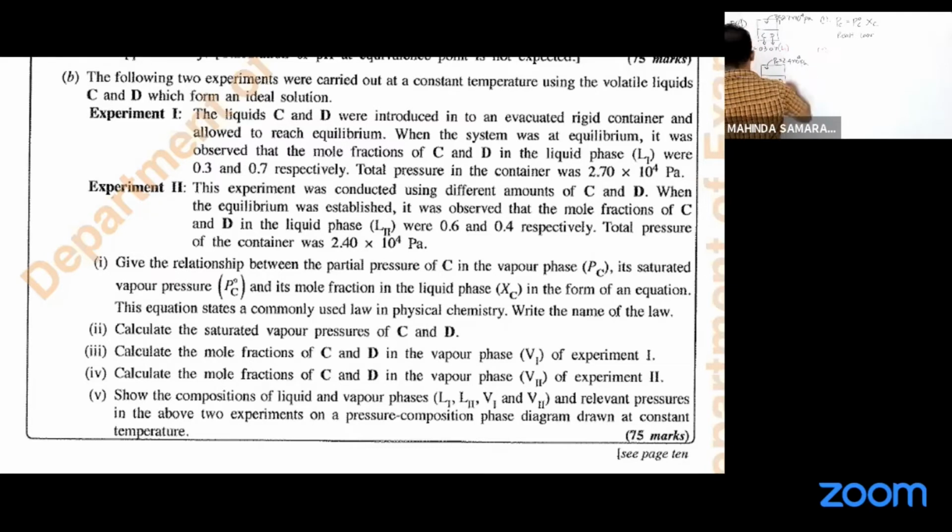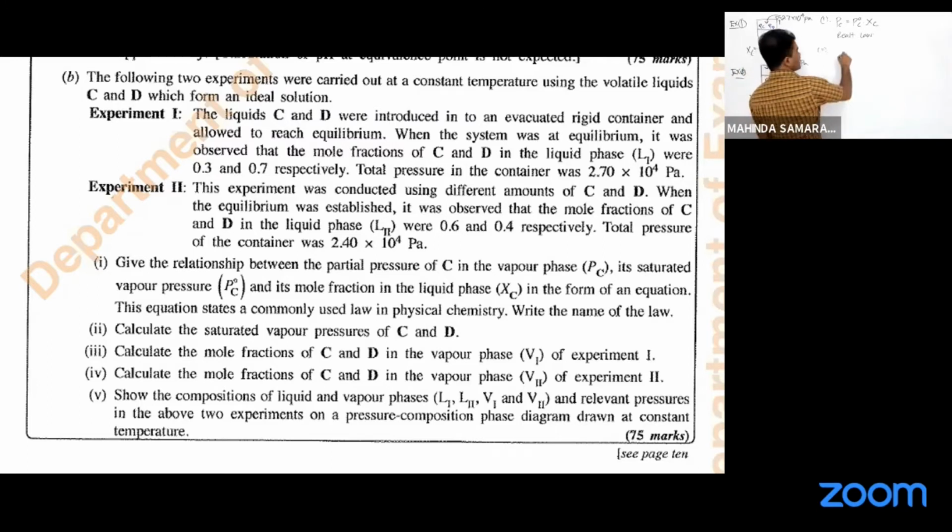Second part now. Calculate the saturated vapor pressure of C and D. How to calculate it? Since total pressure is given, I can write the expression for the total pressure. Total pressure will be the pressure exerted by C, that means PC, plus the pressure exerted by D, that is PD.